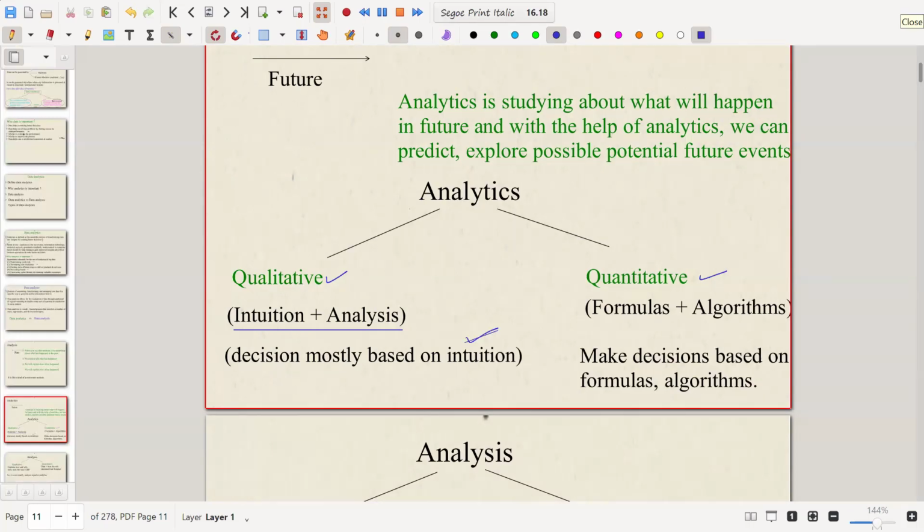Another is quantitative, where you make formulas and algorithms to predict whether that will happen or not. That will give you a probability. Say you tried to put money on some new company, a startup, and it is blooming right now. Your intuition says to put money there.